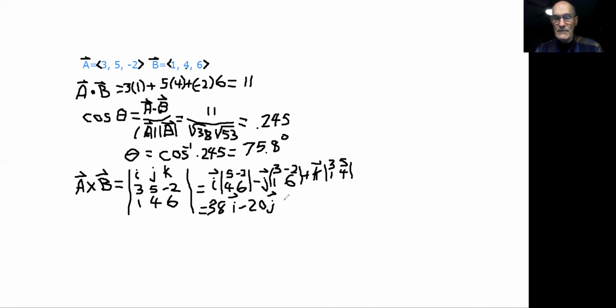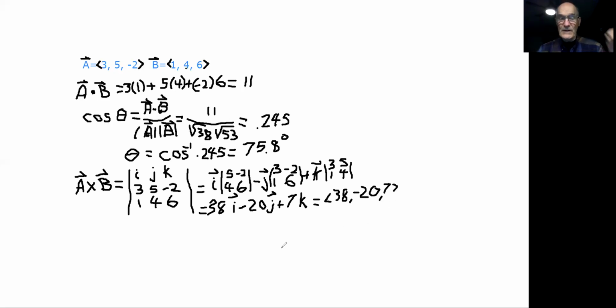And then I have plus 12 minus 5 is plus 7k. Now, if I want to write this in the three number combination, it would be 38, comma, minus 20, comma, 7. So that's the 3 number designation, okay?